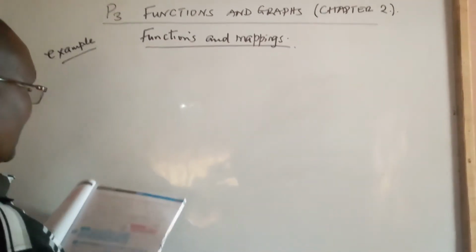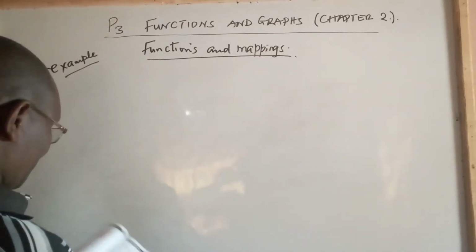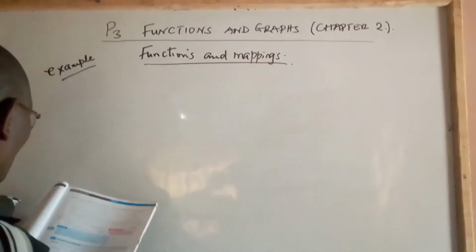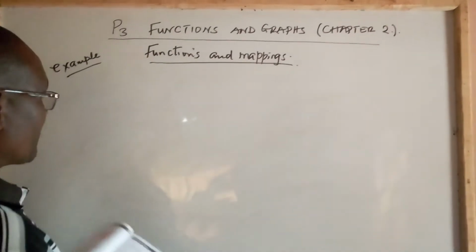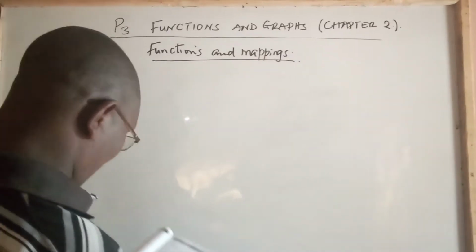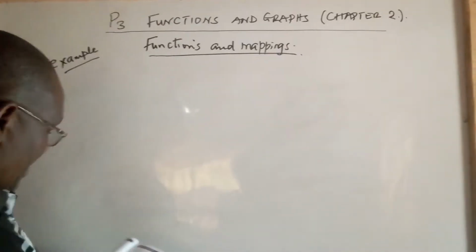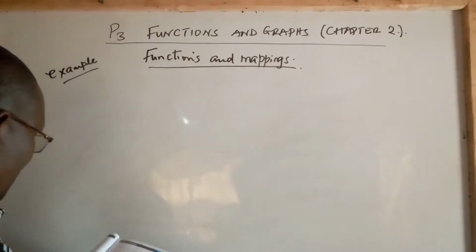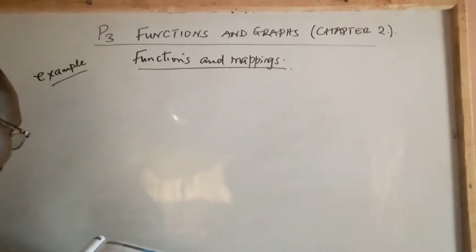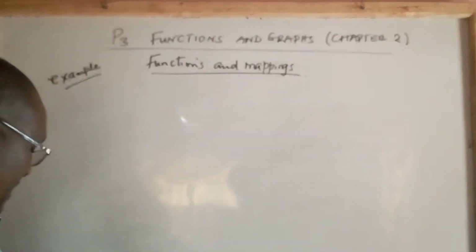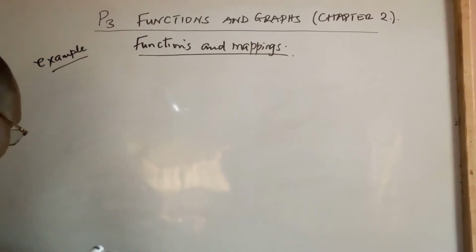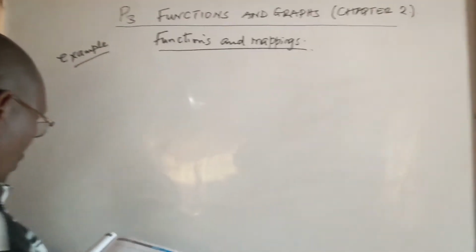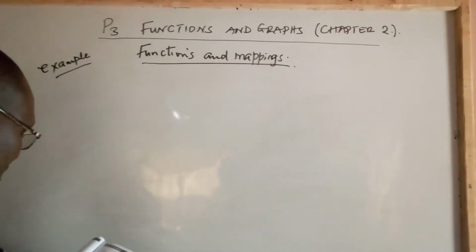Under 2.2 on page 15, we are going to understand something to do with functions and mapping. As it is written there, a mapping transforms one set of numbers into a different set of numbers. The mapping can be described in words or through an algebraic equation.